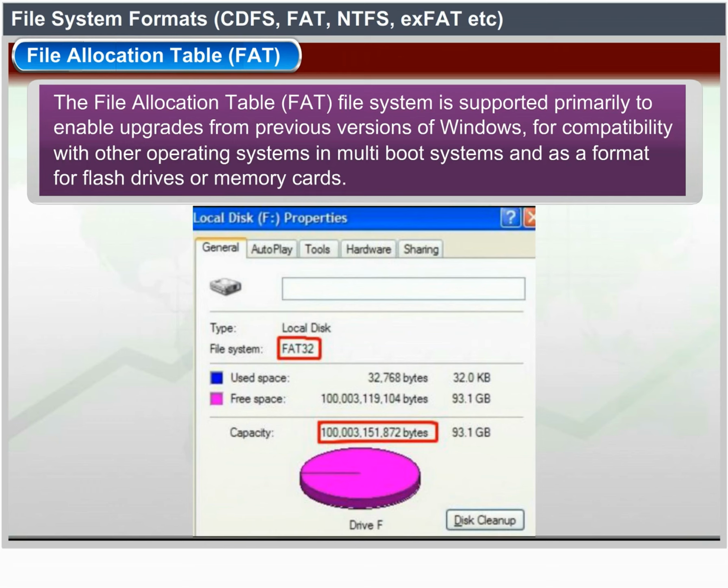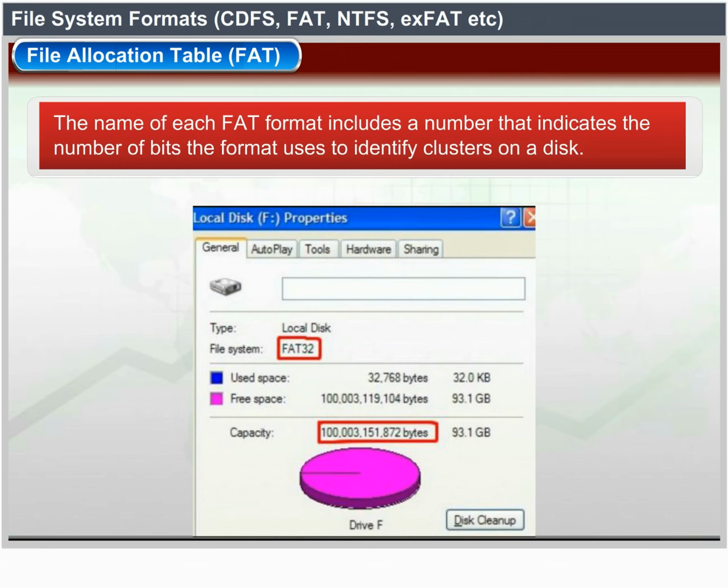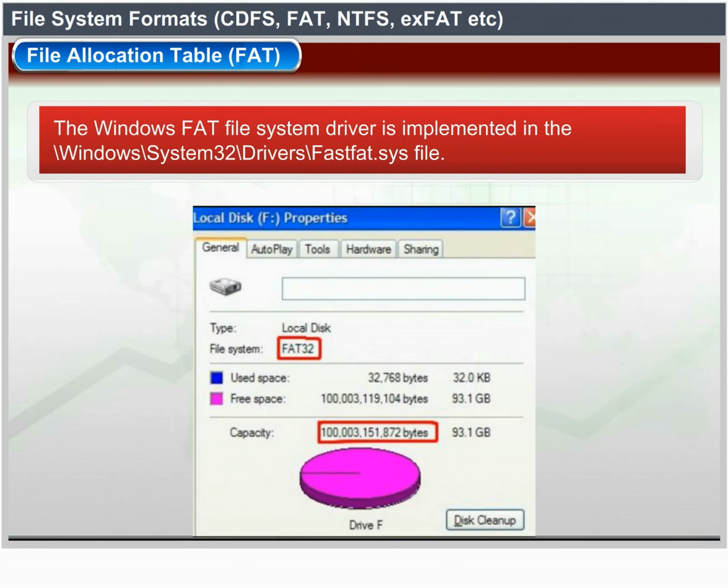The name of each FAT format includes a number that indicates the number of bits the format uses to identify clusters on a disk. The Windows FAT file system driver is implemented in the \Windows\System32\drivers\fastfat.sys file.